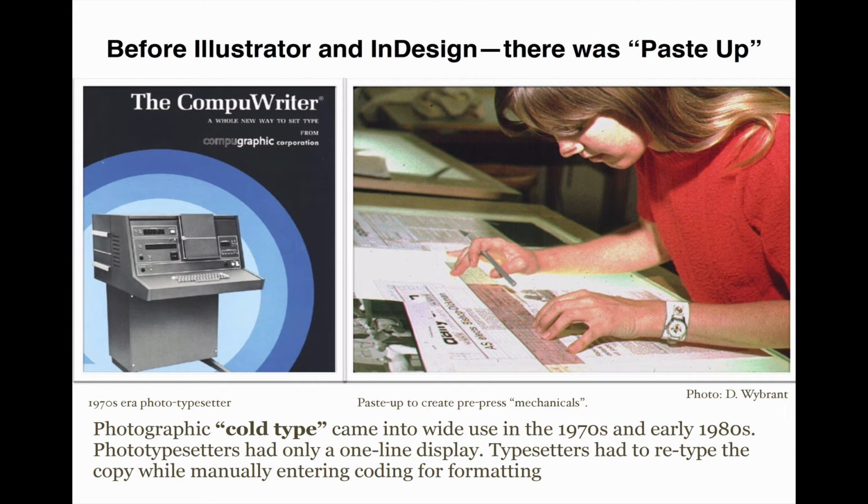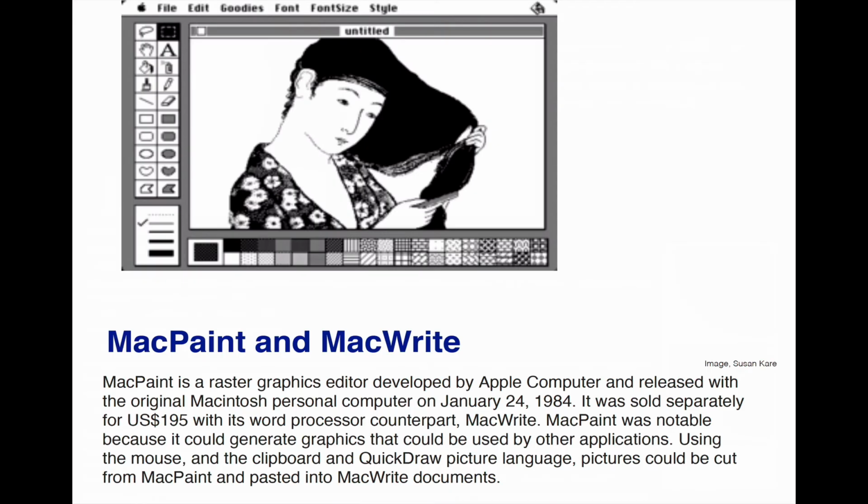Nonetheless, with all its limitations, cold type or phototype was a whole lot faster and cheaper than lead type, and so it became the standard. Jumping ahead, and looking at the early Macintoshes, they were limited by raster technology, and programs such as MacPaint and MacWrite, which was a word processor, inspired a generation of graphic artists to paint on the computer.